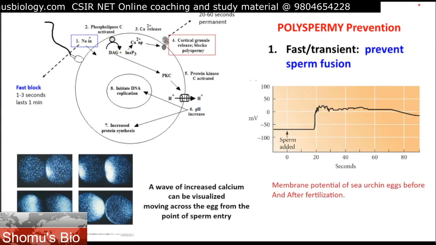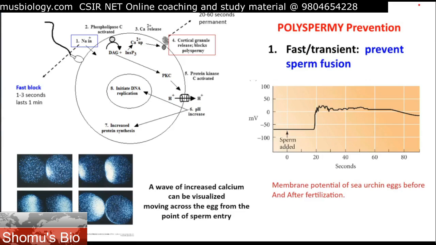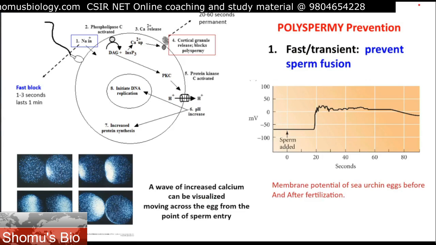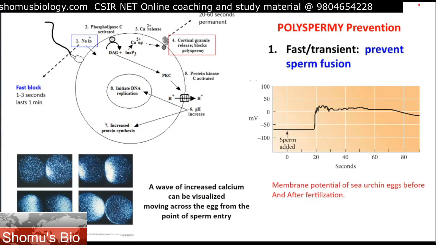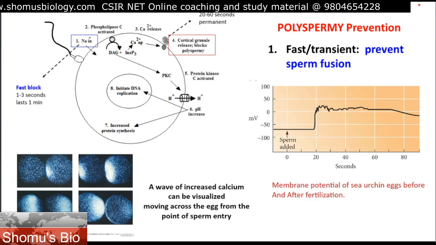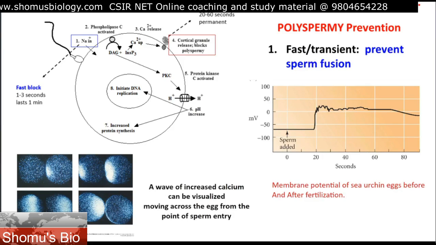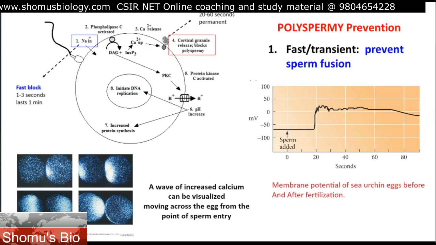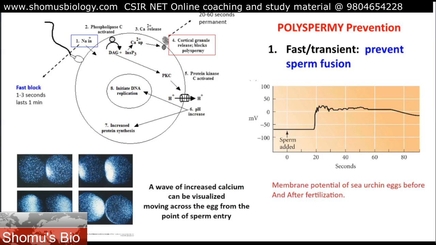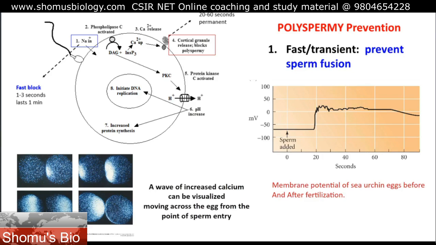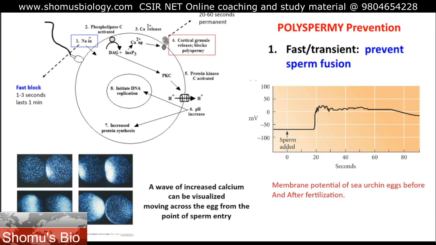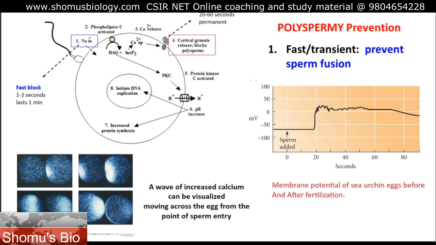lots and lots of sperm started their journey towards the egg to fertilize the egg. So at this point, we know that not only one sperm is capable of doing the process of fusion, but maybe 2-3 different sperm can do that.